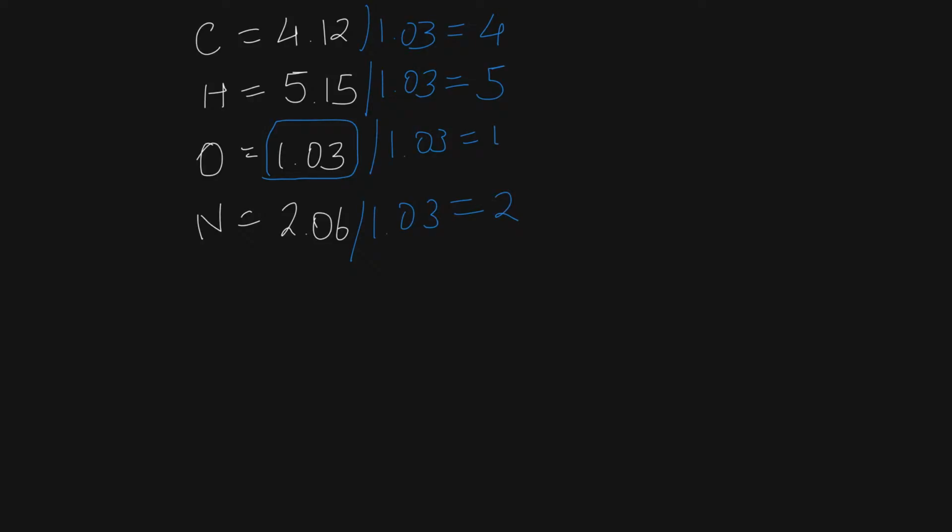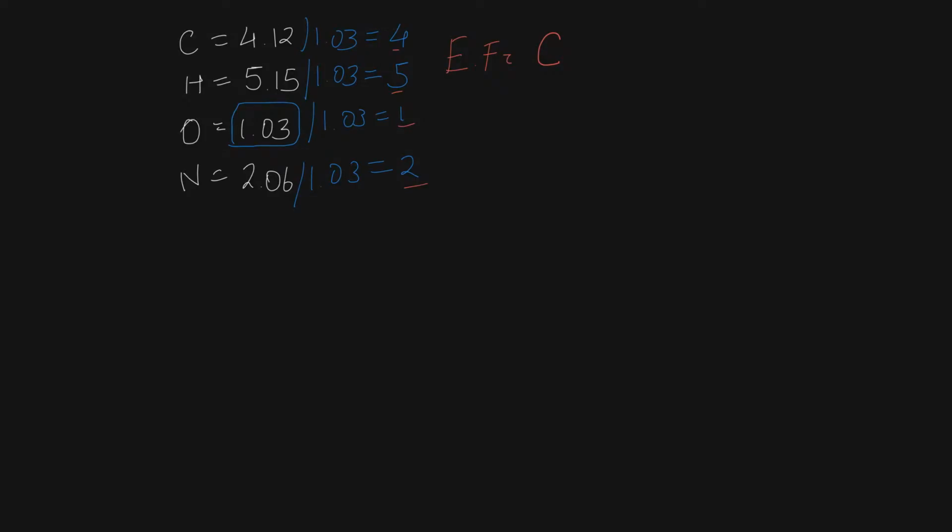And what you have here are your subscripts for your chemical formula. Well, I take it back, your empirical formula. So we have now found our empirical formula, and that would be C4H5O1N2.